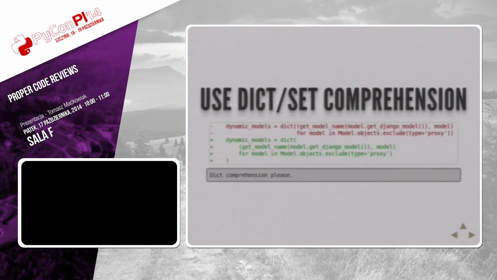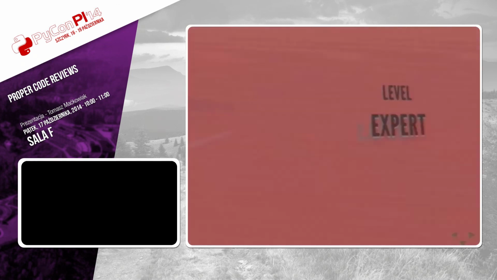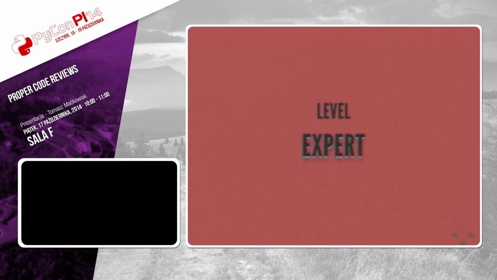Another thing, dict comprehensions. We have lots of this kind of expressions in our code because it was developed before dict comprehensions were available. But they are cool and you should use them, and I encourage people to change all those to dict comprehensions.